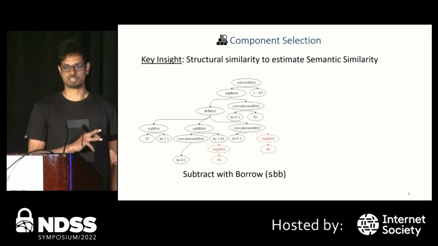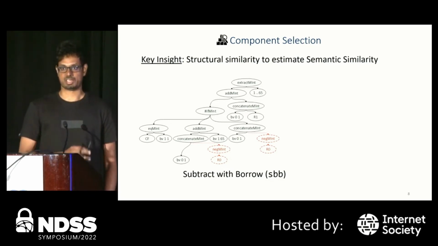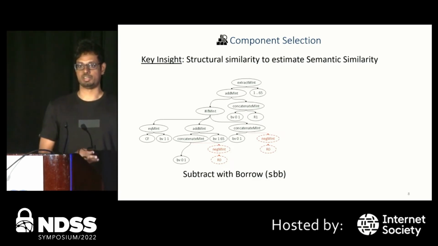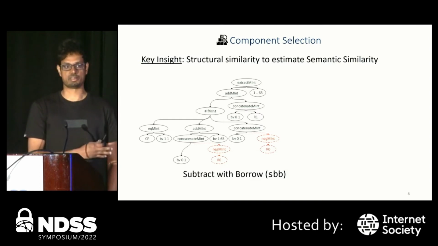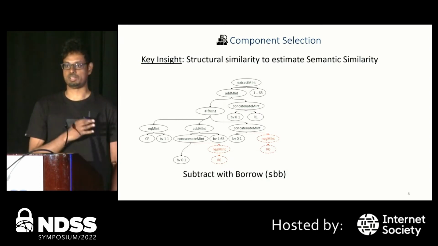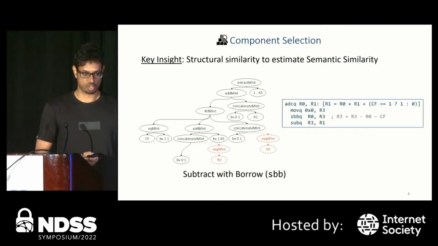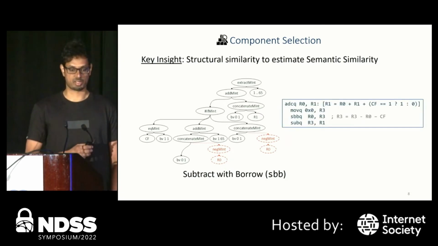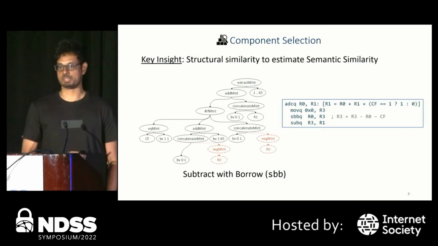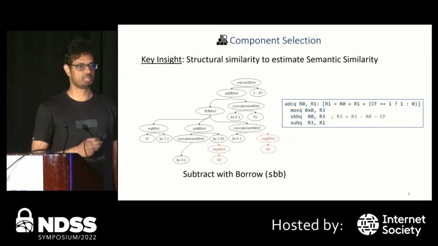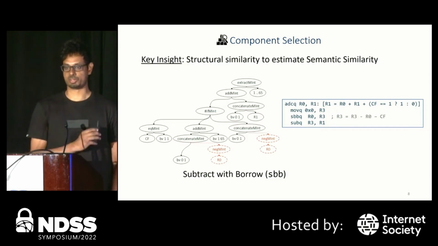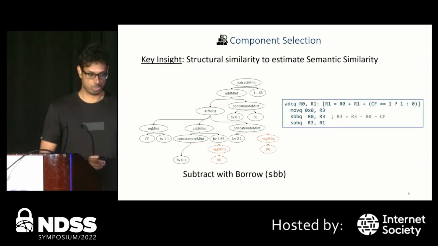The only difference is in the highlighted nodes here. A subtraction is just addition with negation. The subtract with borrow uses a negated version of the first operand, while the add with carry uses the first operand directly. And indeed, if we give the right set of components to our synthesis task, we get back the synthesis solution that implements add with carry using subtract with borrow, subtract, and a move instruction, all of which share a high similarity with our input add with carry instruction.